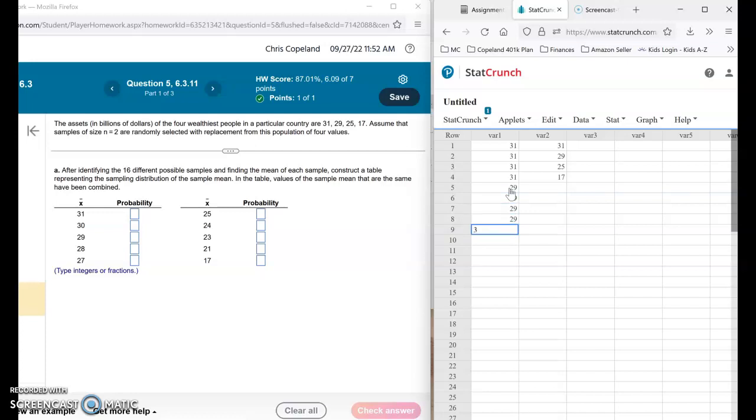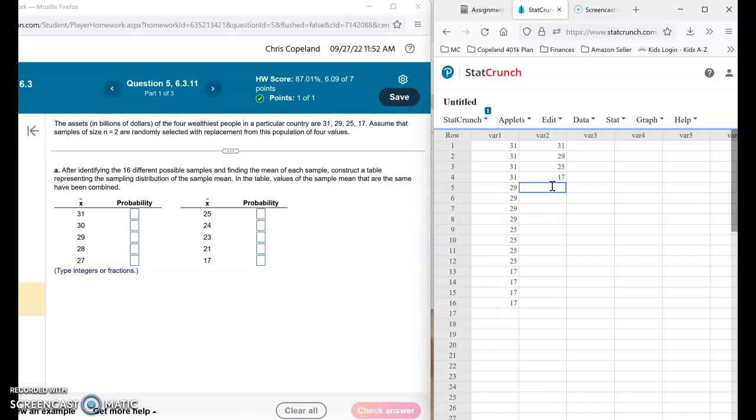For 25, we'll have four possibilities. And for 17, we'll have four. So it gives us 16. We have to do this for each of these.